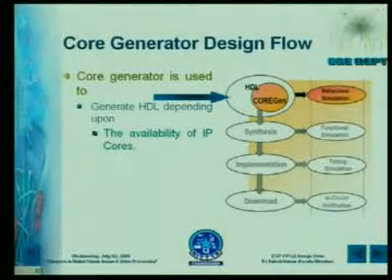This flow is for the designer part, meaning you are designing your HDL code yourself. Suppose you are taking help of the inbuilt core generator of Xilinx ISE. So, you will use HDL, and you will use the core generator of ISE.